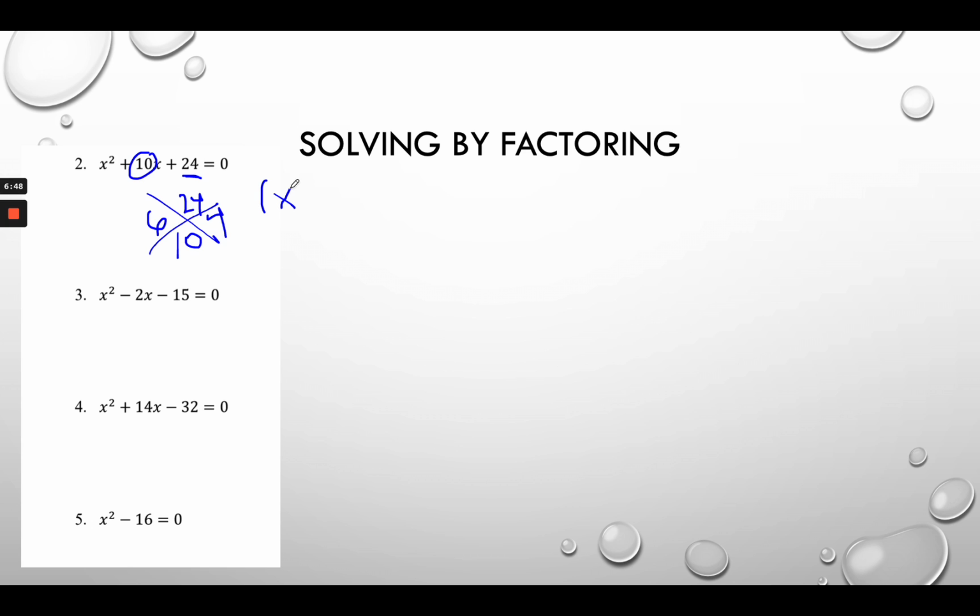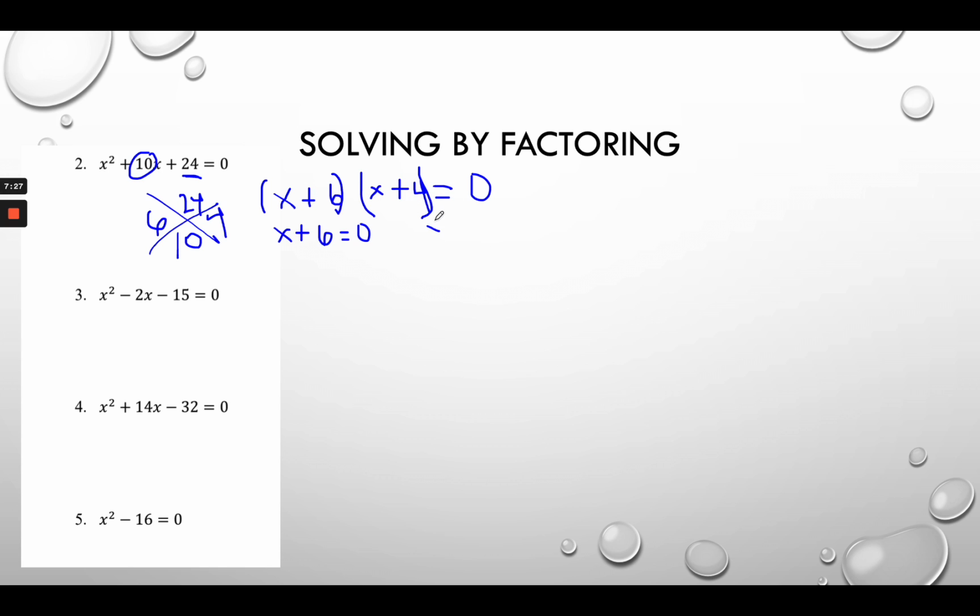So now, with the 2 numbers that we got on the side of our X, we're going to put them into parentheses. x plus 6, x plus 4 equals 0. So now, we're going to split up our parentheses to solve by factoring. So we're going to put x plus 6 equals 0, because if we got this to equal 0, then 0 times whatever ended up in this parentheses would equal 0.